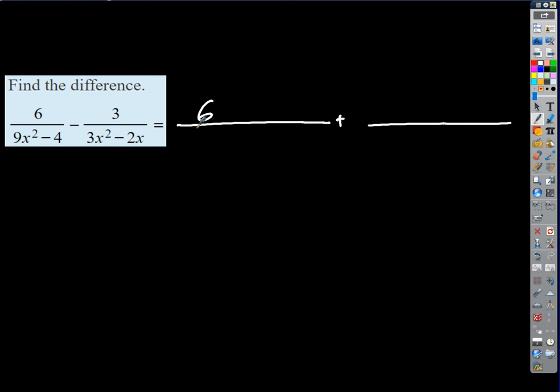Can't factor out a GCF, but what can I do with that? Difference of squares, good. So that looks like 3x squared minus 2 squared on the bottom, right? So that factors into what? 3x minus 2 times 3x plus 2, good.